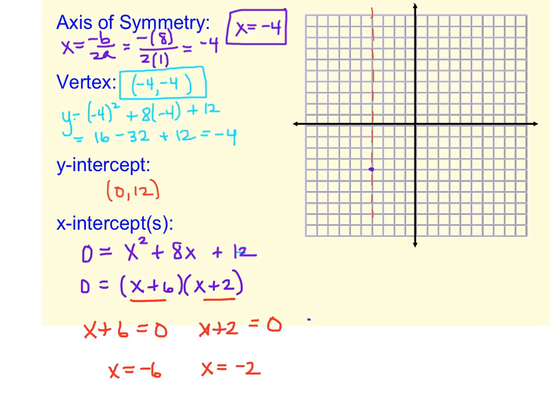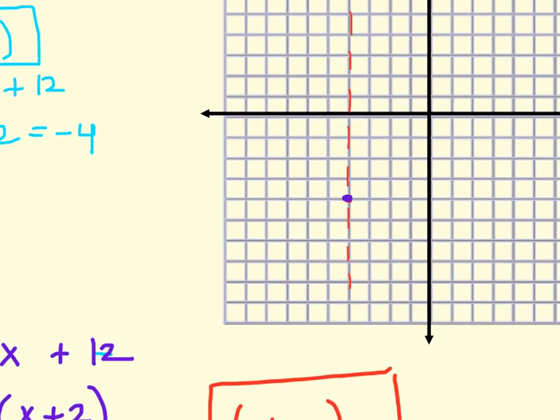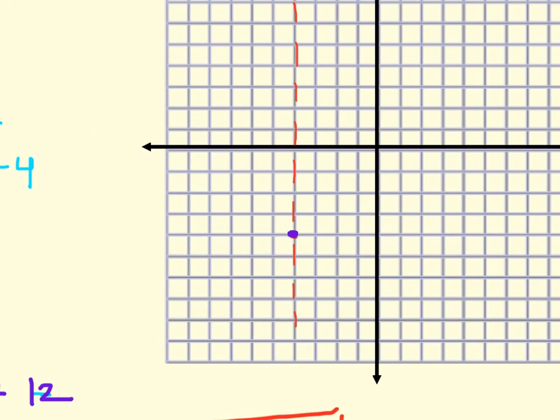Technically, since it's an intercept, we should write it as ordered pairs: (negative 6, 0) and (negative 2, 0). Because we're talking about a graph, now we're calling these our x-intercepts. So we're going to plot those points. (Negative 6, 0) is 6 to the left and up and down 0. And then the other one was (negative 2, 0).